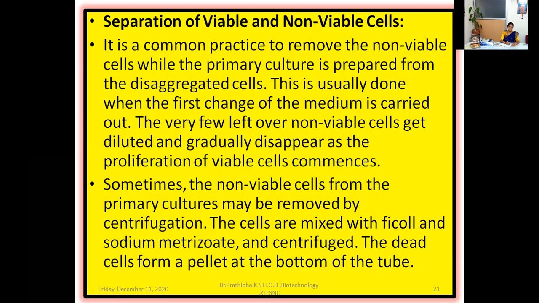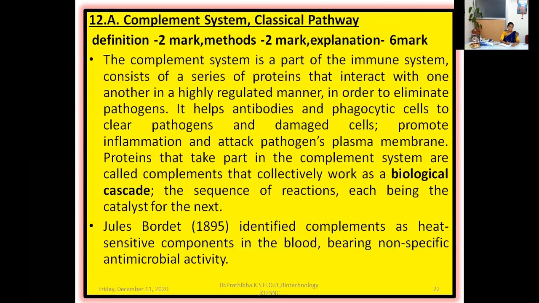Sometimes the non-viable cells from the primary cultures may be removed by centrifugation. The cells are mixed with Ficoll and sodium metrizoate, and later centrifuged. The dead cells form a pellet at the bottom of the tube.